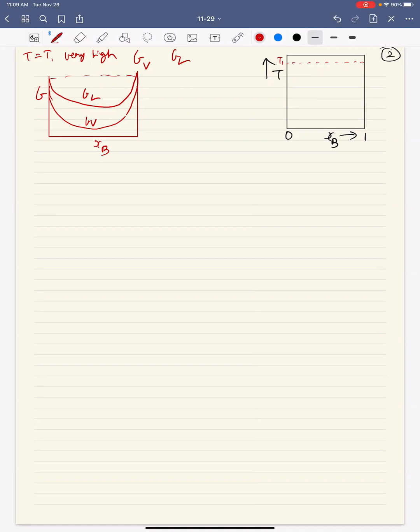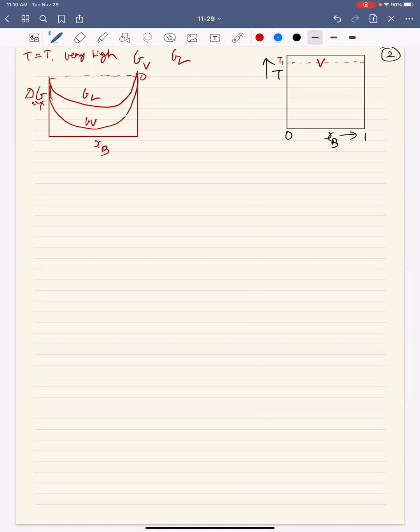So both go up to zero, right? Because what we are really plotting here is delta mixing G. I will be writing G, but what we really mean is delta mixing G. So at pure components, you don't have any mixing. So vapor or liquid doesn't matter, it's zero. That's fine. So what does it tell me about the phase that will happen at T1? That's vapor, right? Purely vapor. So at this temperature, we have only purely vapor.